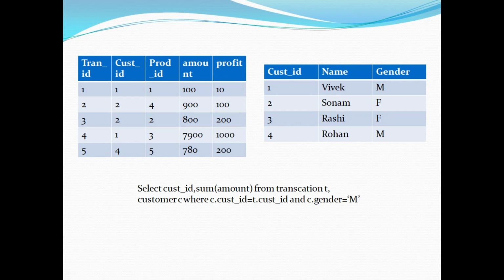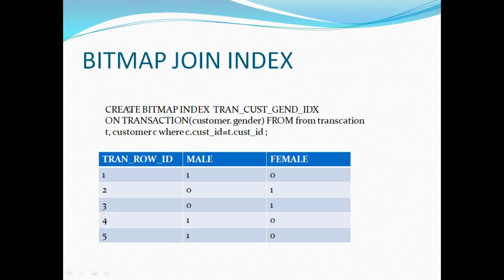So what we will do is create an index on the join of these two tables. Here we have created a bitmap index, and this is the name of the index. Guys, the important thing to note here is that the syntax of bitmap and bitmap join index is the same. We don't have the keyword bitmap join, it remains bitmap. So here we have created a bitmap join index, and see, the index will be maintained on the transaction table, but we are storing the value of customer gender.